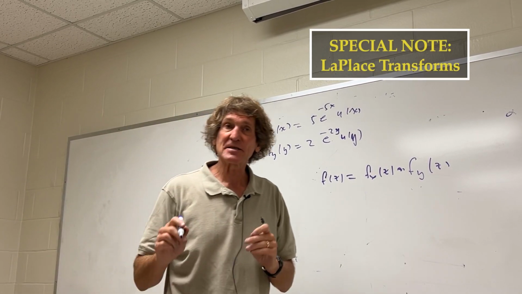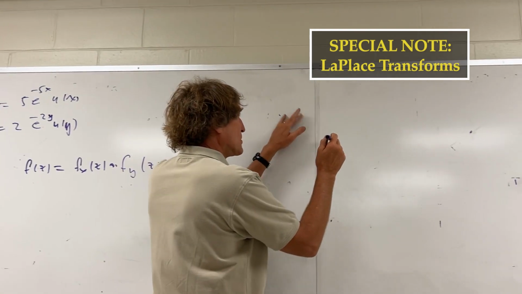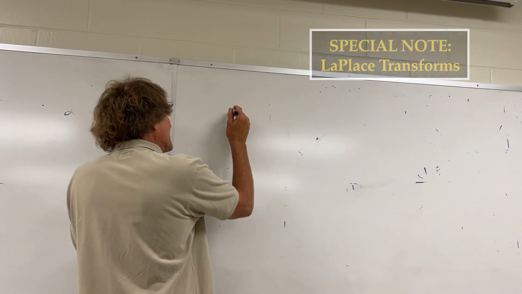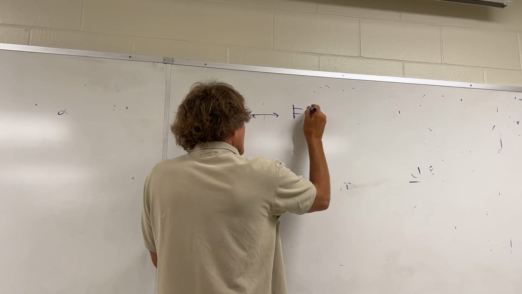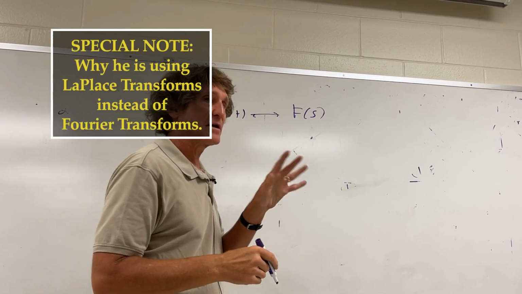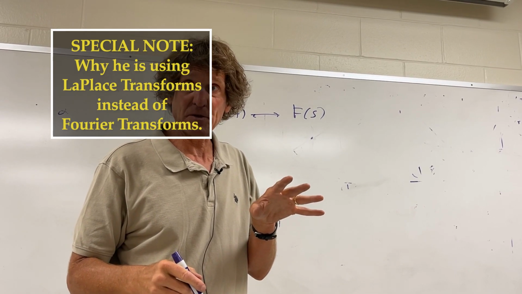And now I'll take a second and mention this. When you had Laplace transforms, if you had f of t, it would transform to F of s. I thought about doing it with Fourier. Laplace is easier. Do you remember this?